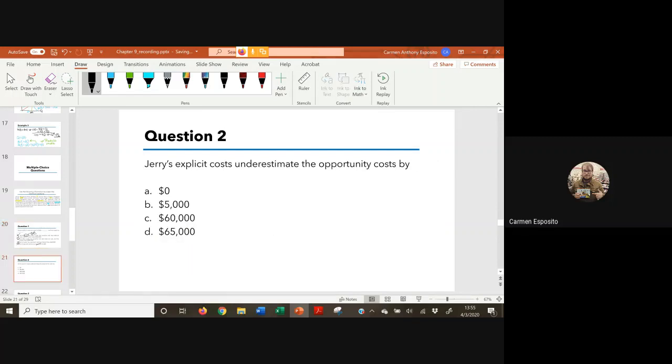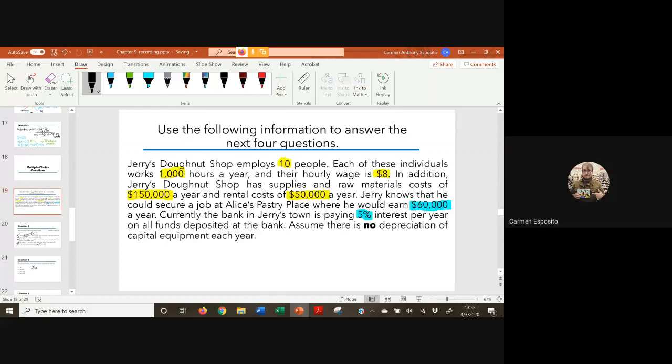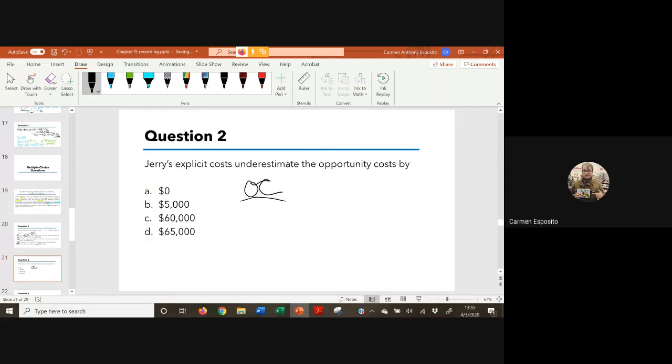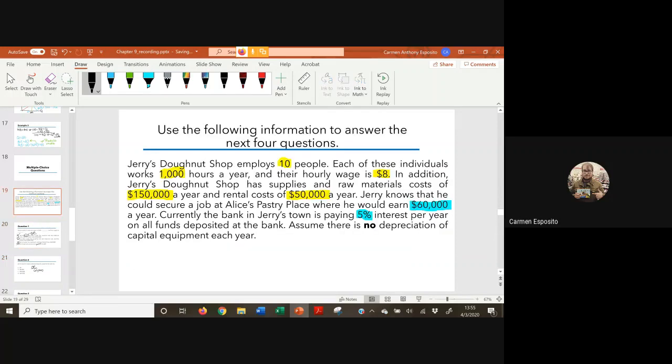So now Jerry's explicit cost underestimates the opportunity cost by how much? Well, let's figure out what the opportunity cost is. So we have the 60,000. And whatever money he puts into the bank, he gets 5% interest.